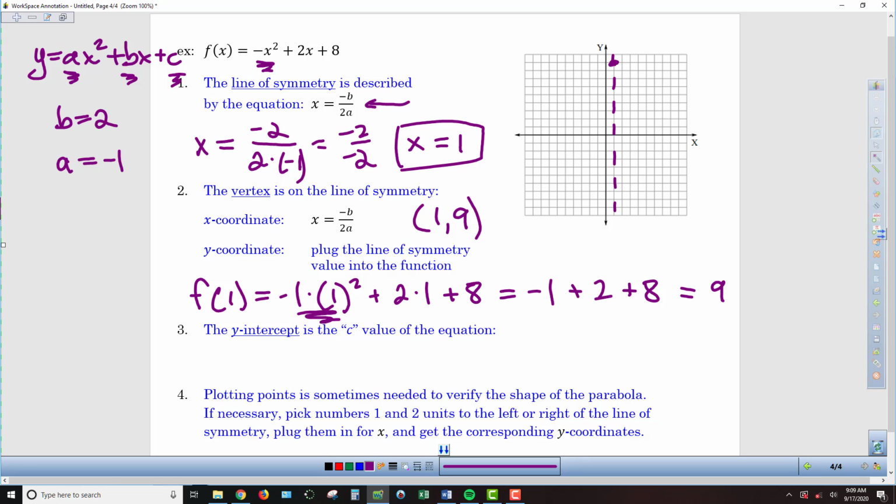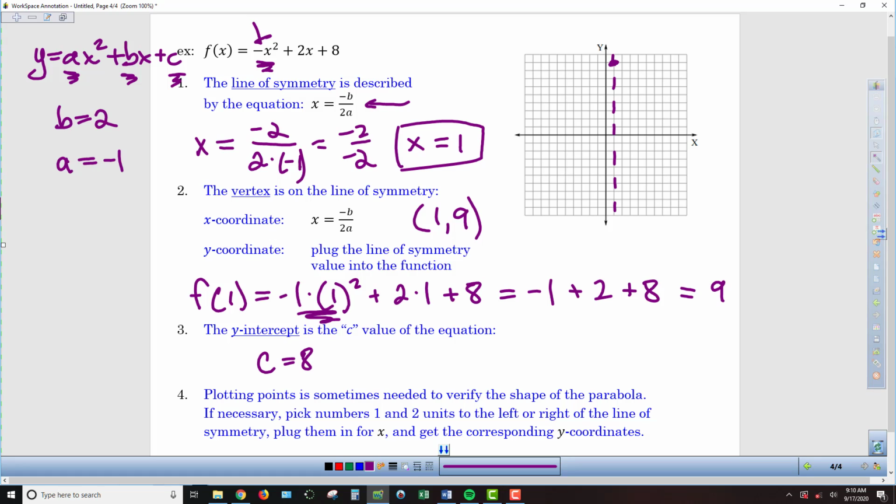Now, as I mentioned in the previous example in the previous video, we can predict that this parabola is going to open downwards because we have a negative in front of the x squared. And indeed we can see that the y-intercept, our c value, equals 8.